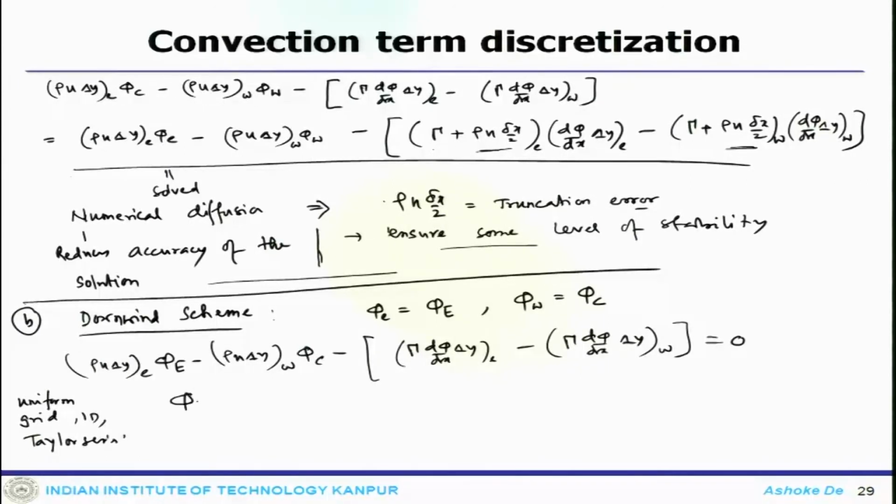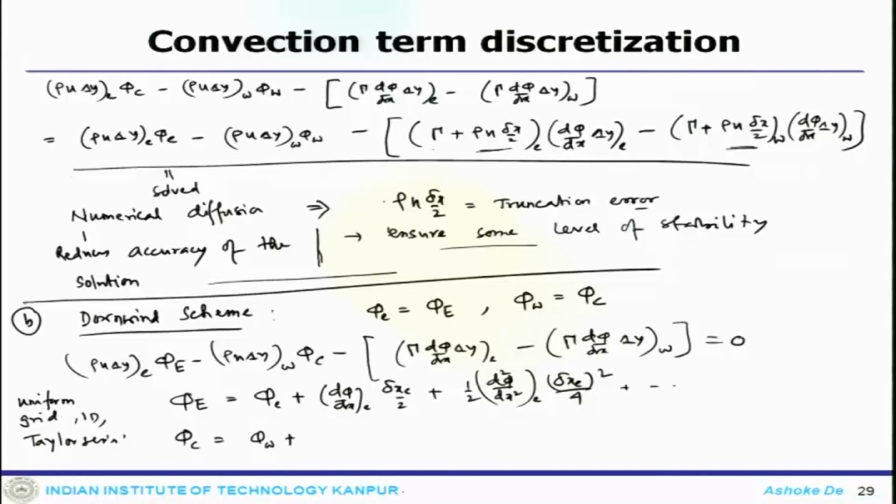Phi e equals phi e plus d phi by dx at e del x e plus half d 2 phi by dx 2 del x e by 2 whole square, like that, and phi c is phi w plus d phi by dx w del x w by 2 plus half d 2 phi by dx 2 w del x w by 2 whole square.